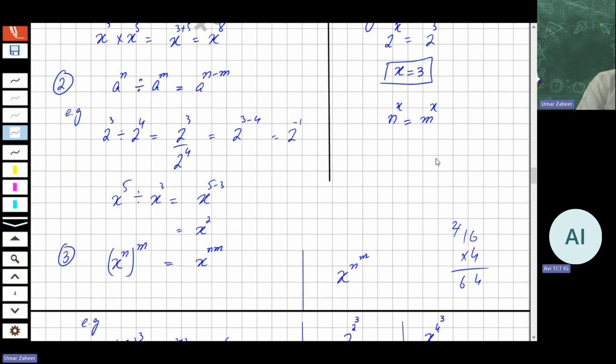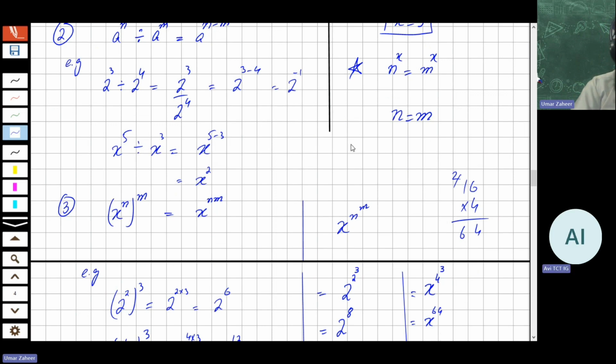Here the two numbers are equal and their powers are the same, so you can conclude that their bases must be equal.